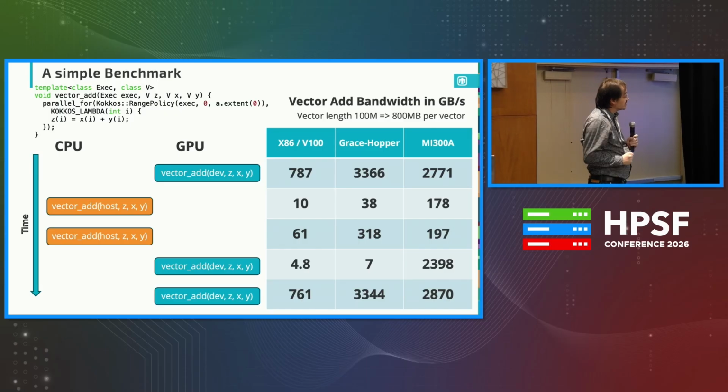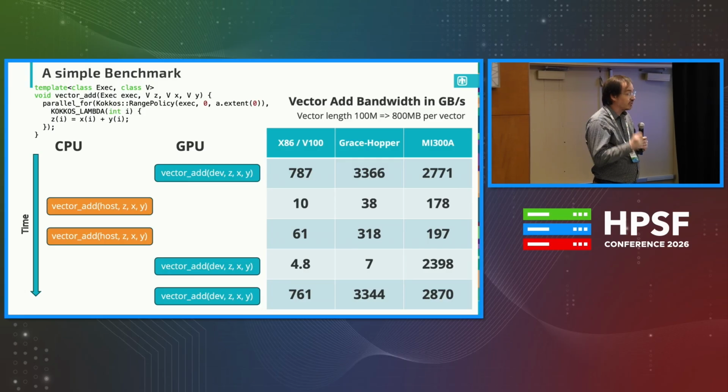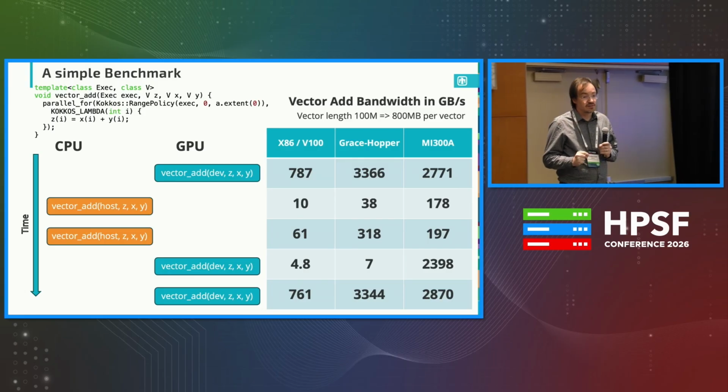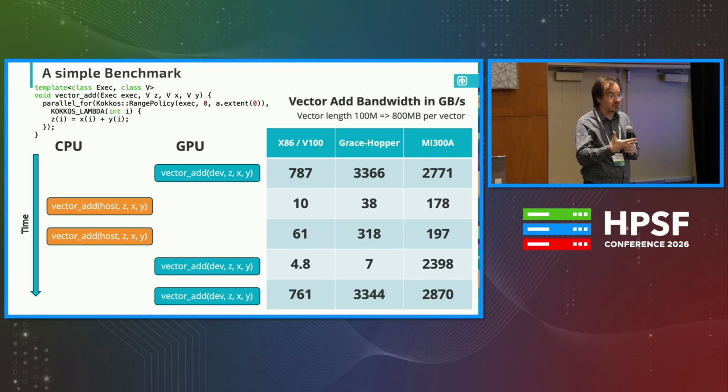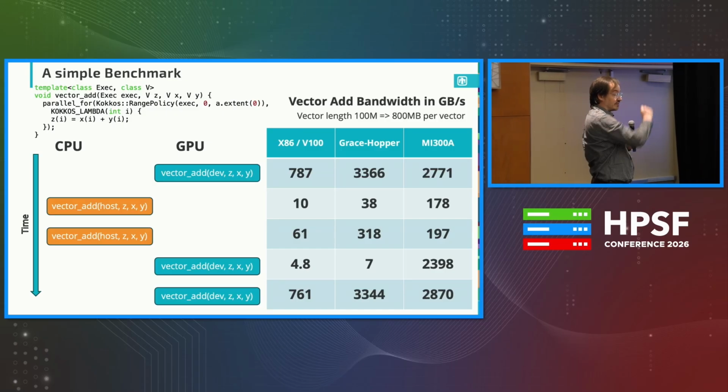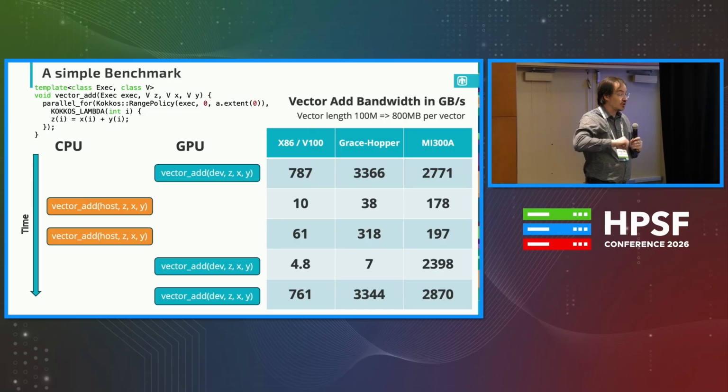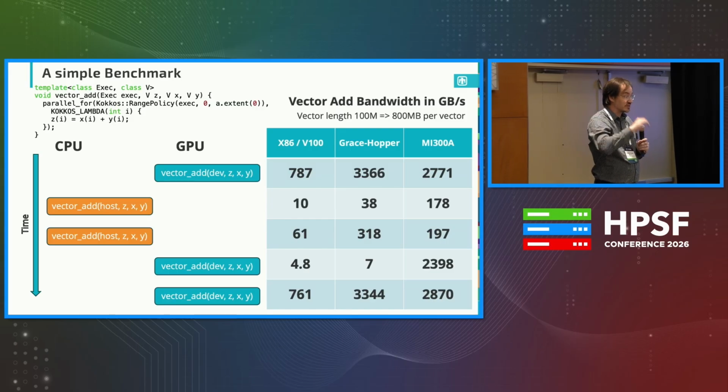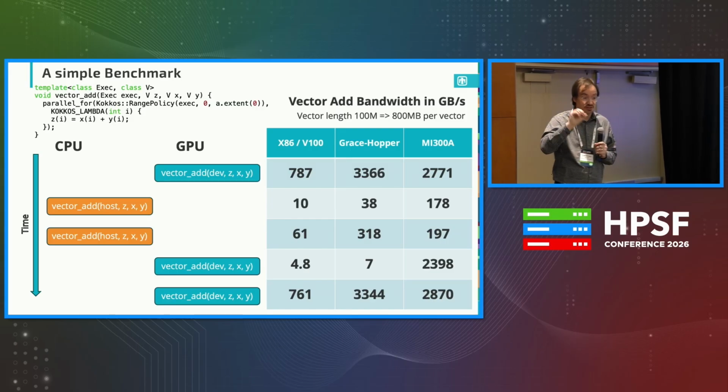What I'm doing here is I allocated these vectors with this kind of unified memory allocation, with CUDA managed malloc or malloc managed on the NVIDIA systems, and actually HIP malloc for the MI300A, because HIP malloc still gives you memory which is accessible on the host on the MI300A. And then I call that thing. I call it on the GPU, I call it on the host, I call it the second time on the host, I call it again on the GPU and again on the GPU.